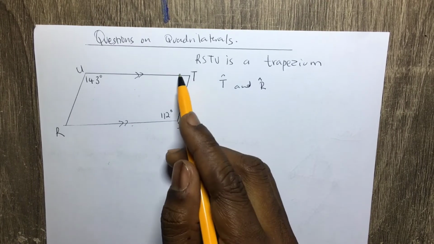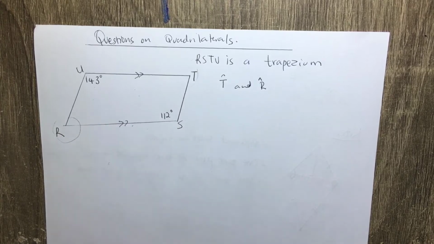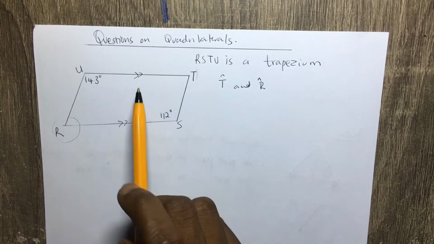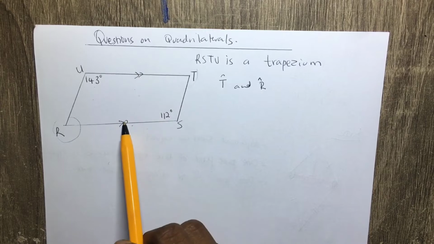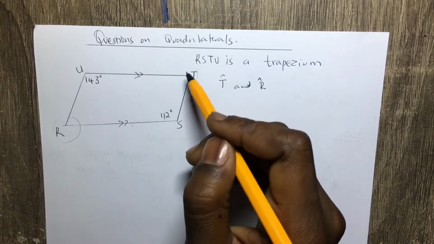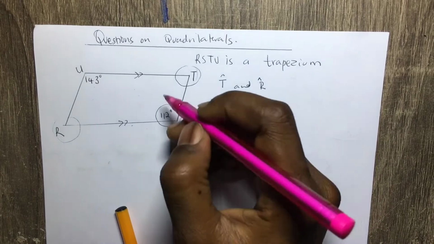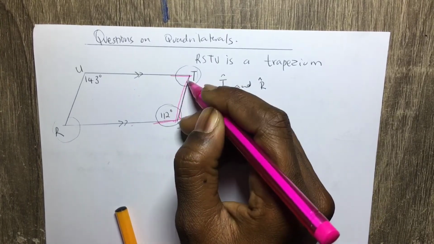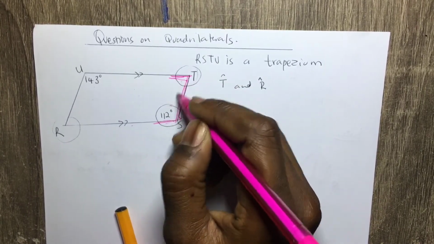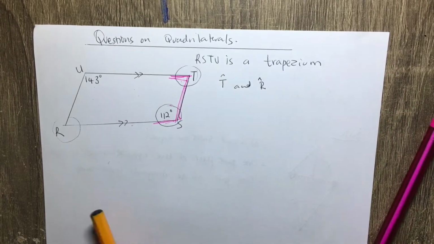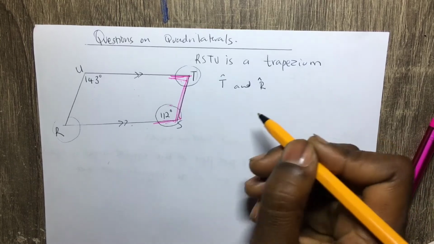So how are we going to find this angle and that angle? We're going to use the rules of parallel lines. We know that co-interior angles add up to 180. When I add these two angles inside together, I must get 180.